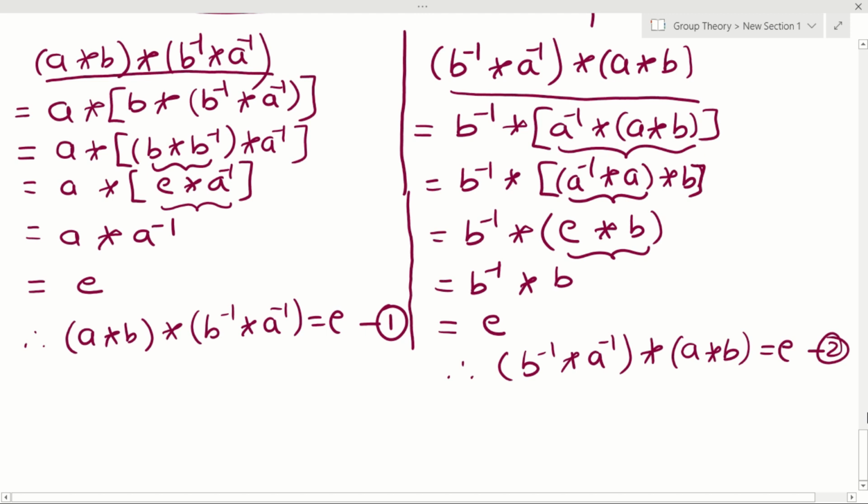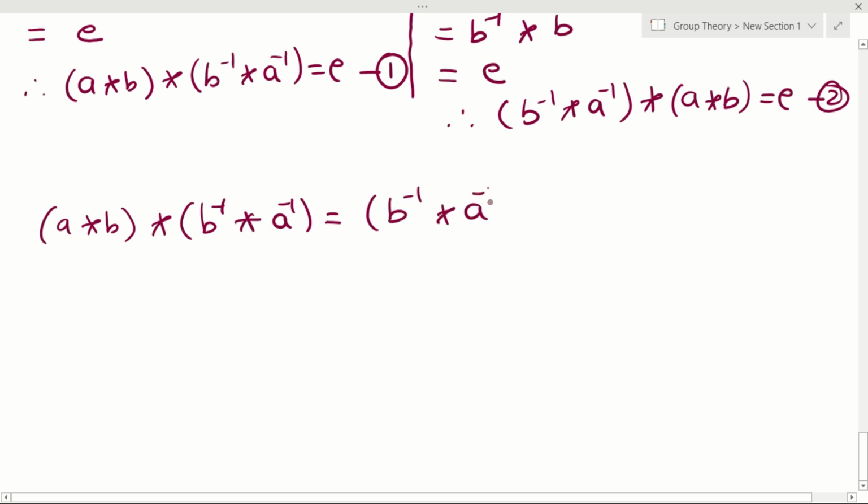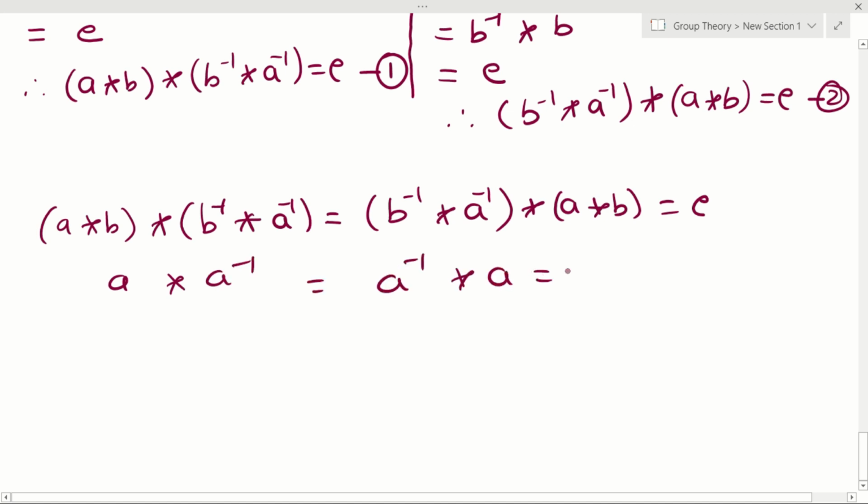Therefore from 1 and 2 we note that A star B star of B inverse star A inverse is equal to B inverse star A inverse star A star B, both are equal to E. This is of the form A star A inverse is equal to A inverse star A is equal to E. That is nothing but the inverse law.